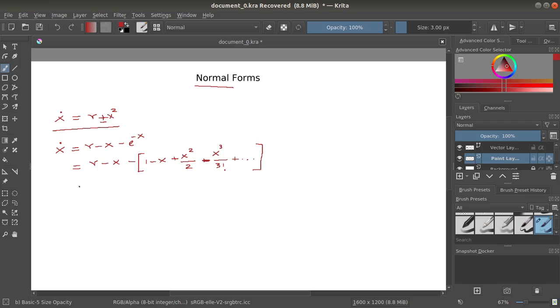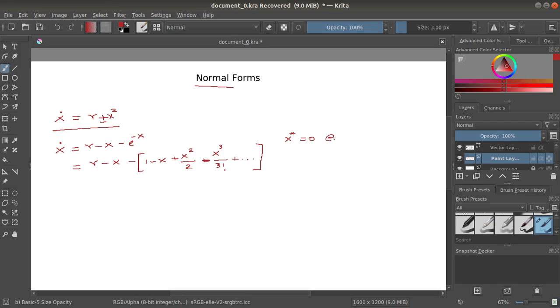For this system, what is the x star value, which means the equilibrium point? The equilibrium point at bifurcation was 0, right?